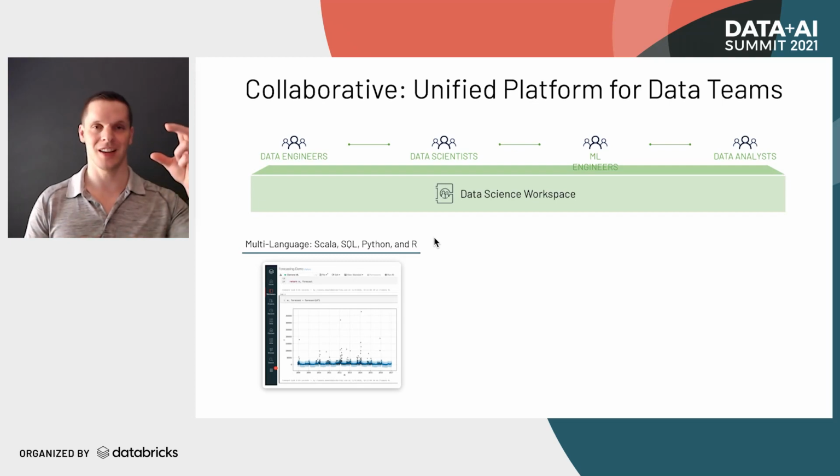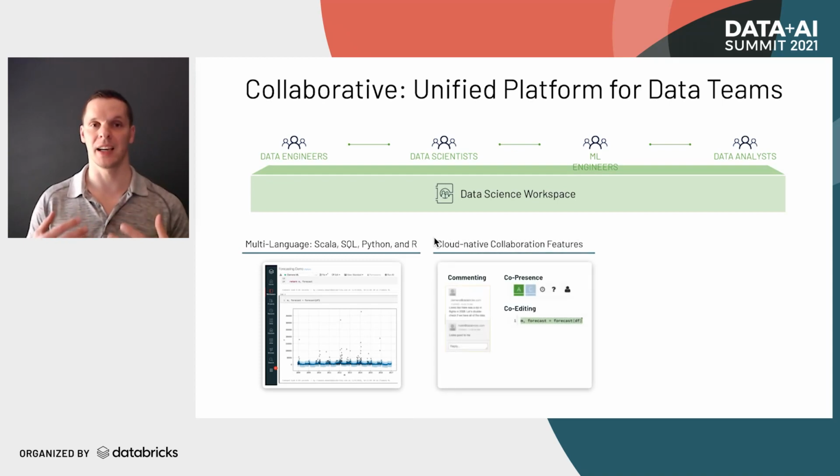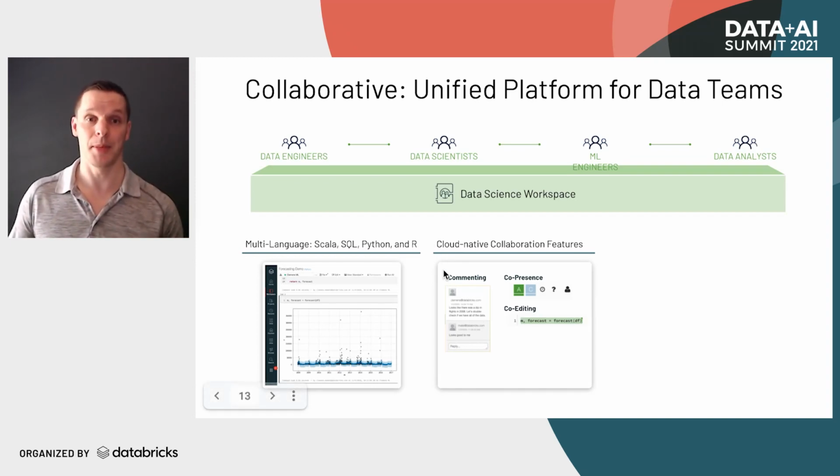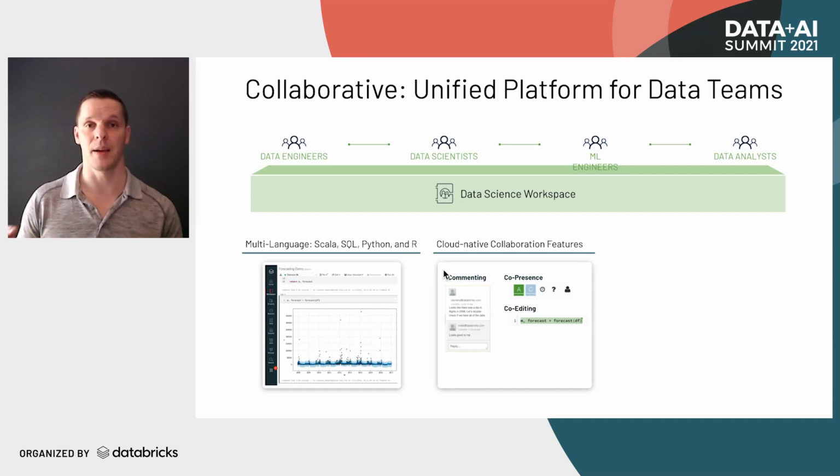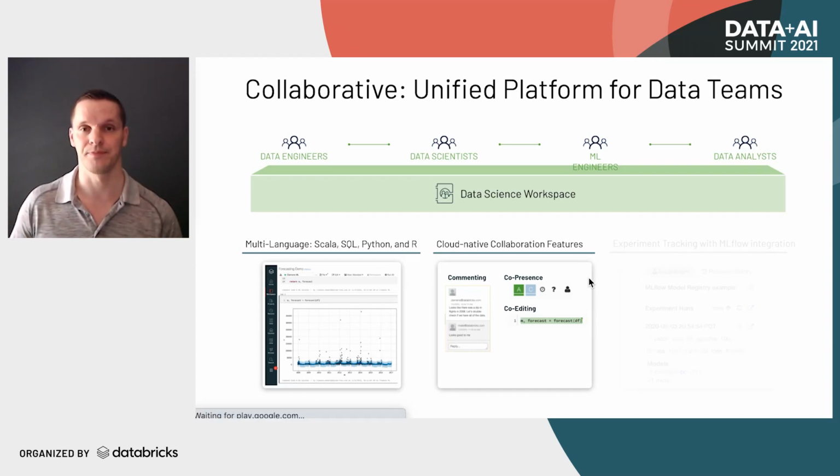So your first cell in the notebook can be a SQL query to load data, and the next one can be Python to train a machine learning model. Now, this multi-language support really comes into play when you can collaborate with multiple people. So Databricks notebooks can be shared within a data team and provide cloud-native collaboration features such as commenting, co-presence, and co-editing. So you can really in real time collaborate with your colleagues.